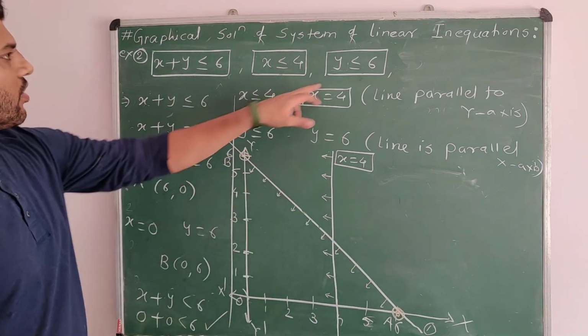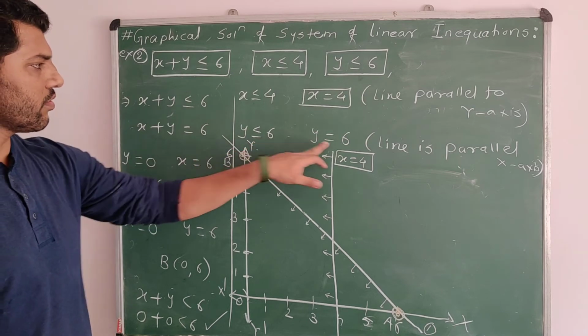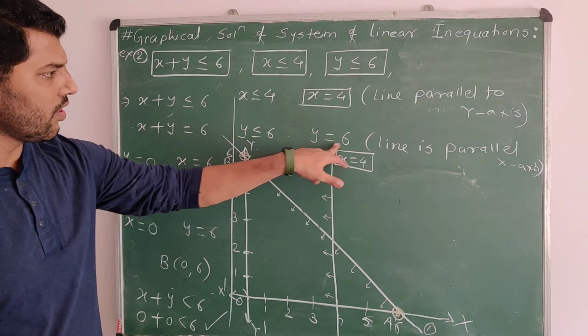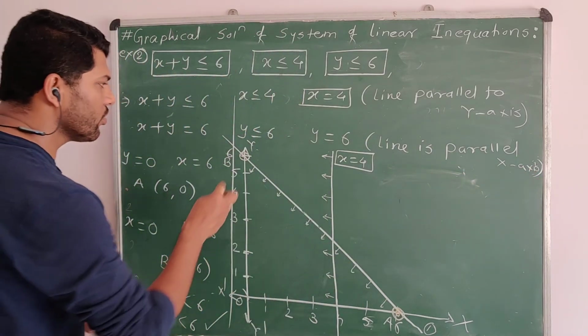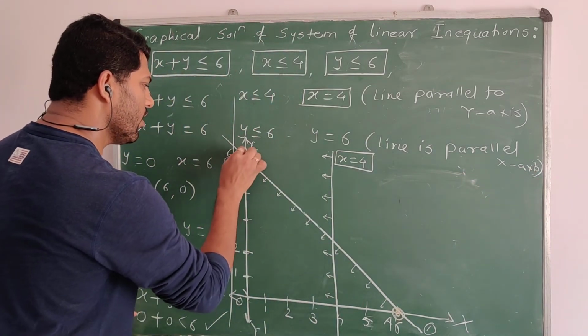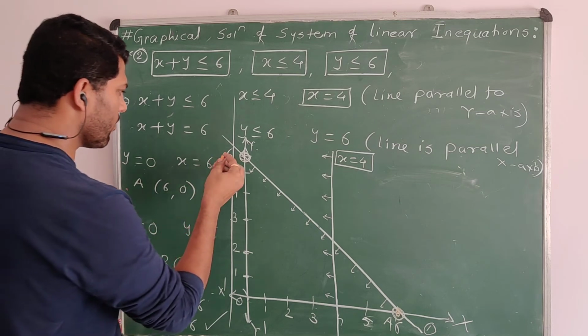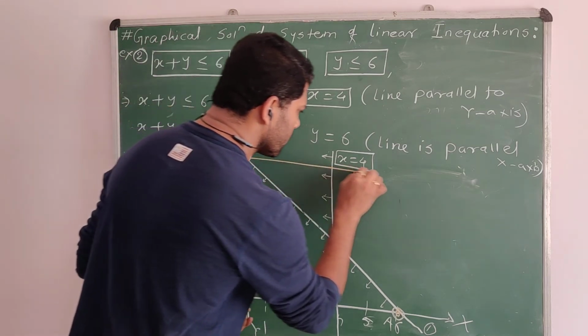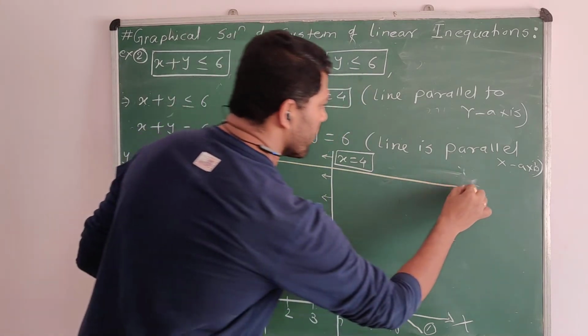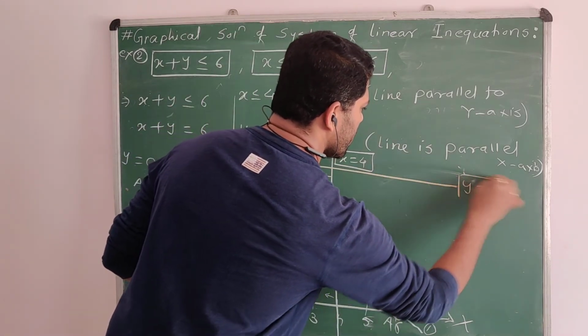Then let's draw the third line, y equal to 6. How to draw this line? This line is parallel to the x-axis. y equal to 6 is somewhere here, and let's draw that line parallel to the x-axis. So this is the line y equal to 6.